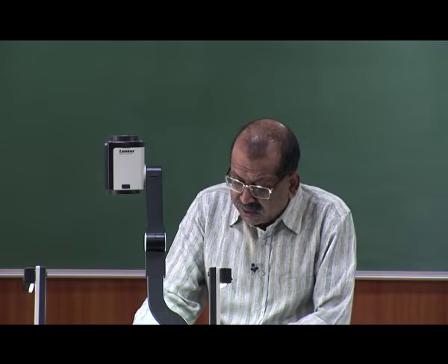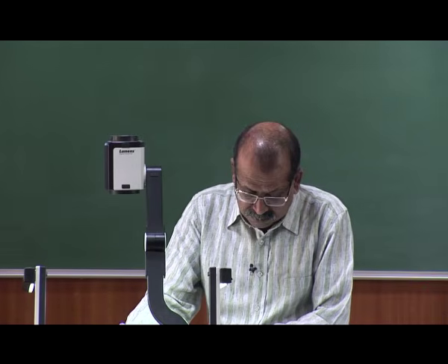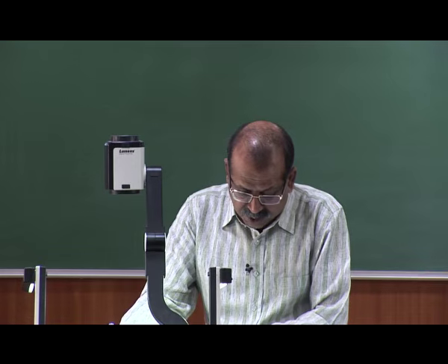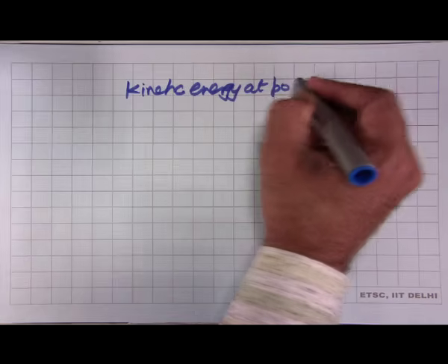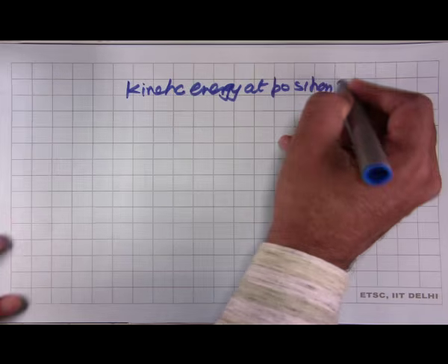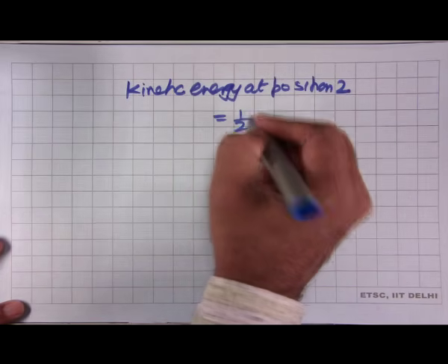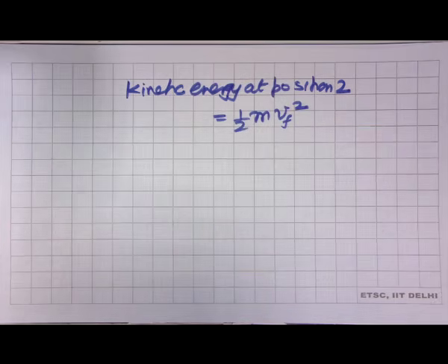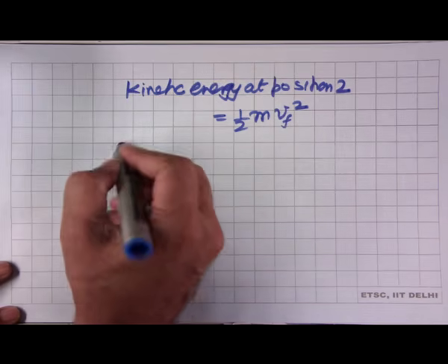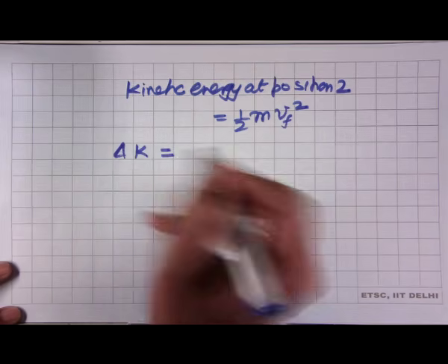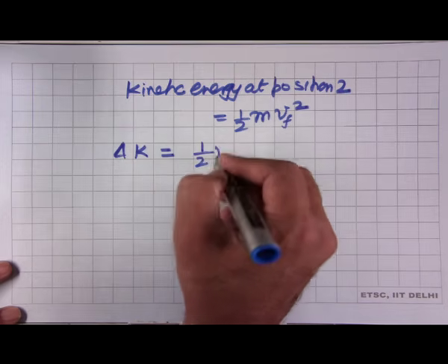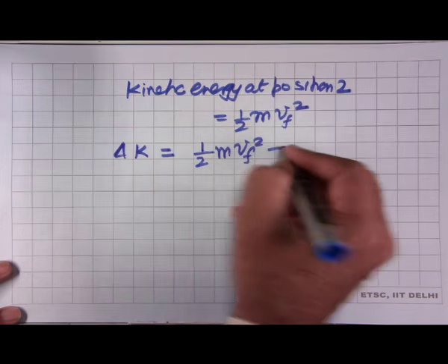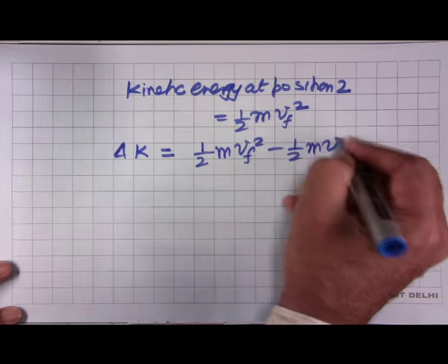The kinetic energy at position 2 is equal to half m V f square, and the change in kinetic energy we can write as half m V f square minus half m V i square.